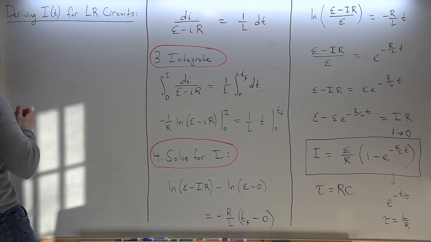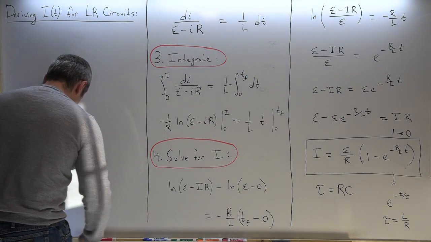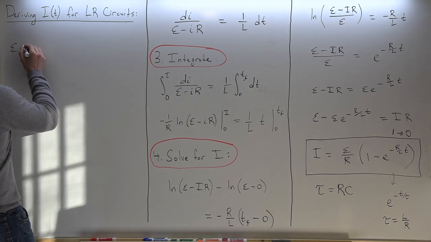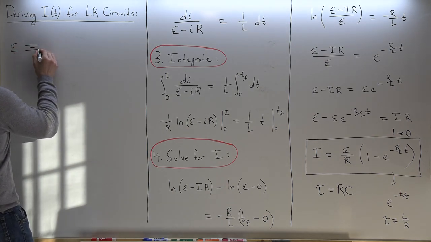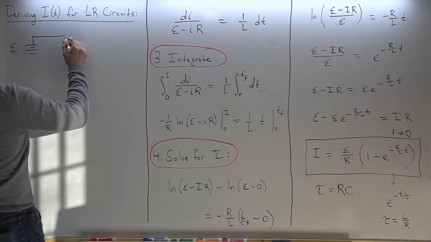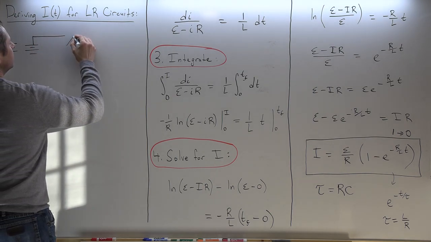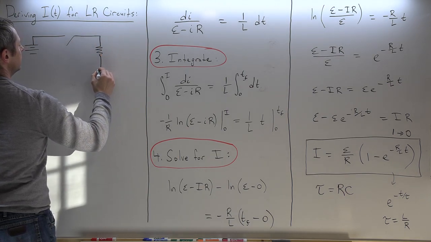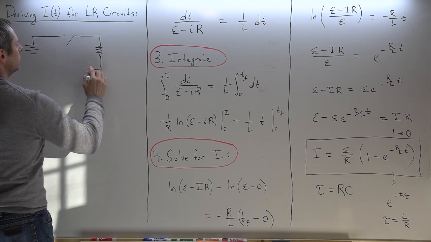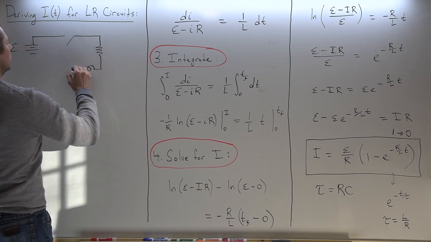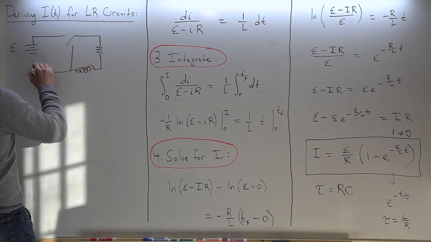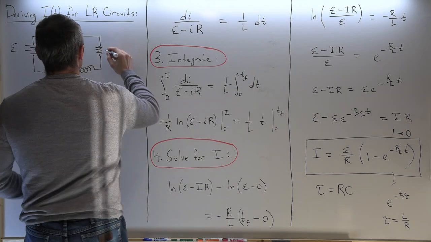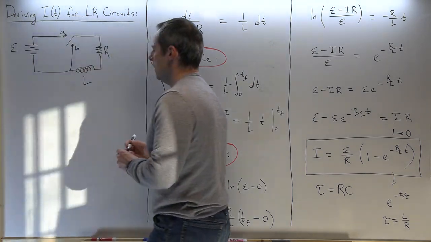All right, what kind of circuit would this be? Here's one kind of circuit you could use. Here's the resistor, the inductor.